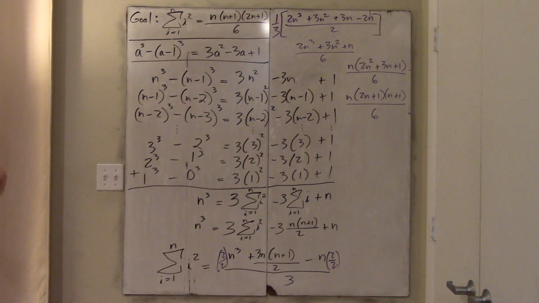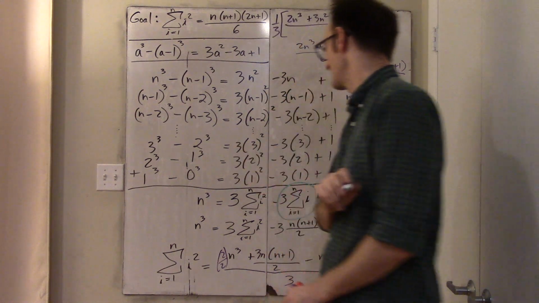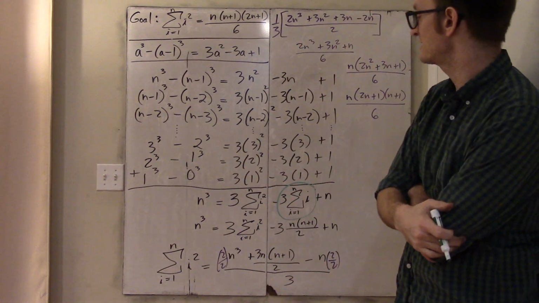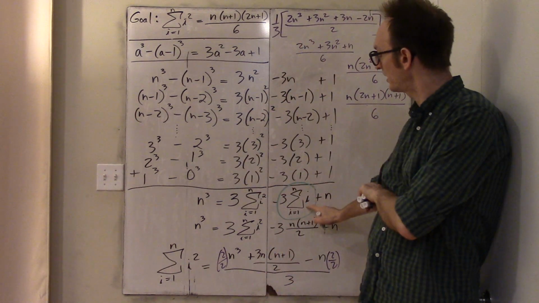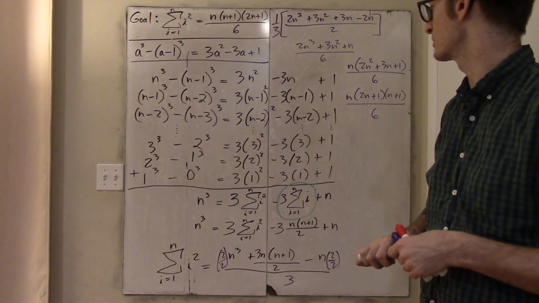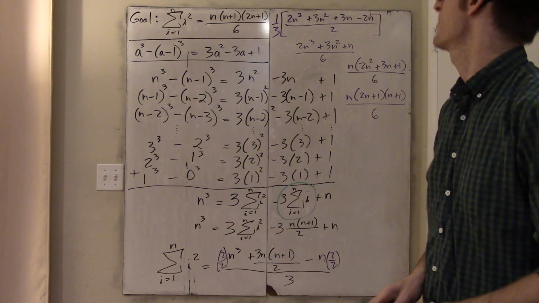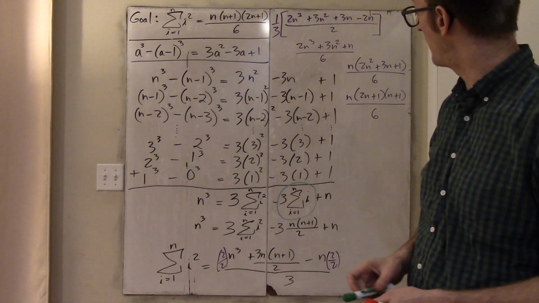This is an amazing formula that we've derived, and the key idea is that this way of doing it is recursive, because the entire process depended on me already knowing the formula for the sum of the positive integers. And now that I know the formula for the sum of the squares, there's nothing stopping me.